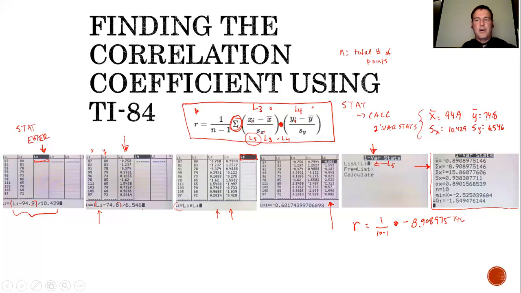So if I take 8.8975146, I probably don't need that many digits, but that's fine, divided by 9, I'm going to get an r value. Of course, it's negative, of 0.989886, and it goes on a little further.